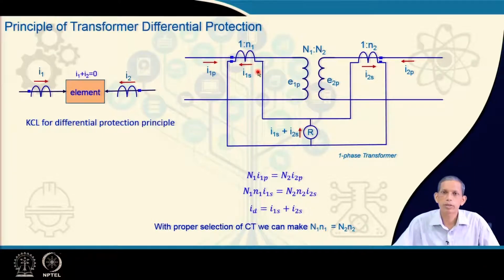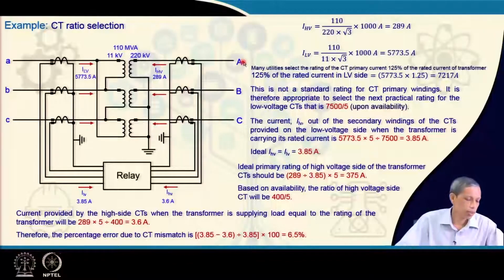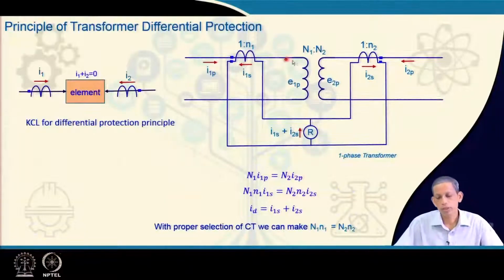Note, as we have already studied in the current transformer case, the n1 becomes high and the primary is usually 1 turn or so. Similarly, n2 will be high and the primary may be 1, but note that the main transformer has capital N1 to N2.